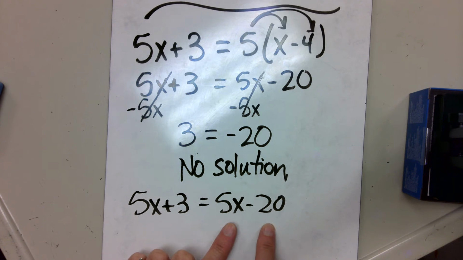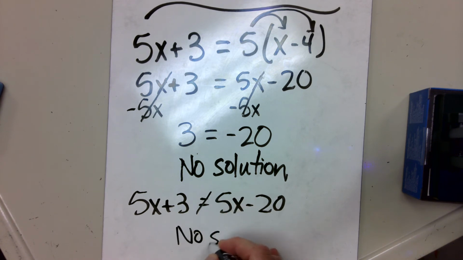On this side, they're subtracting 20 from the exact same number. So this side, the number will become smaller. So there's no way that these can be equal to each other. This left side will never equal the right side, no matter what we put in for x. This side will always be smaller, and that's why they will never equal each other, and there's never going to be a solution to make it true.